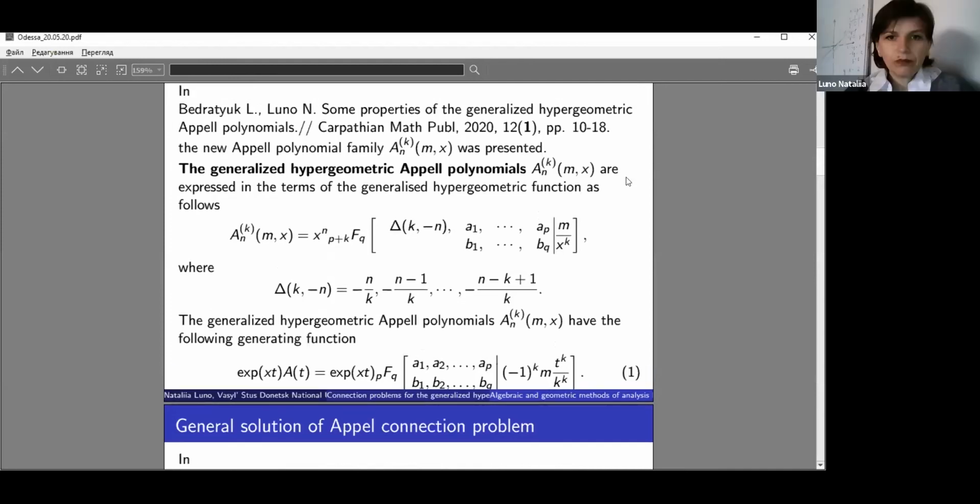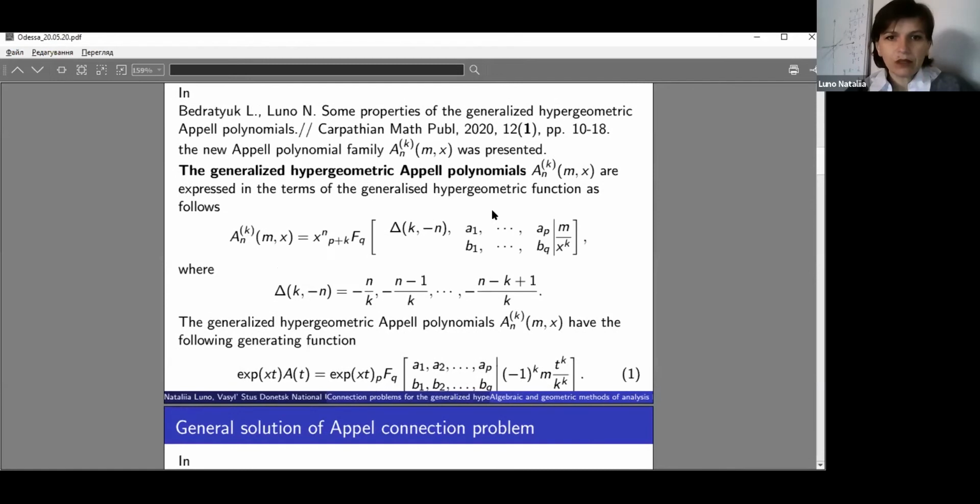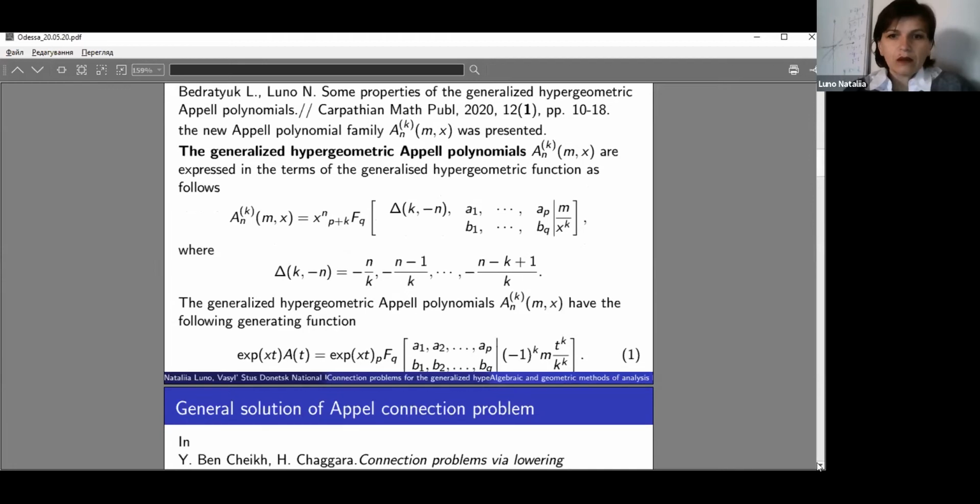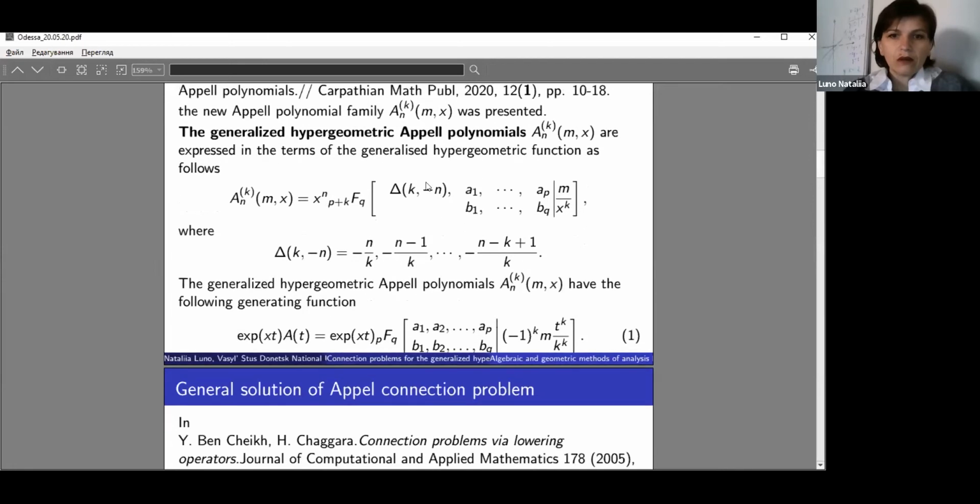We present a new Appell sequence. Here you see R_n superscripted, and it is defined via a generalized hypergeometric function with a joined set of quotients.